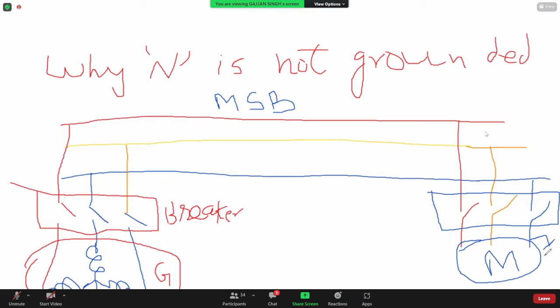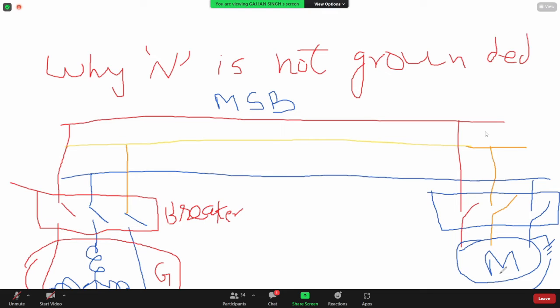Straightaway high current would rush through the ship's metal body and back to neutral. So this breaker would have tripped, steering would have failed, and it's a heavy ship with a lot of momentum. It would have gone 1-2 miles without steering, and there would have been an accident.